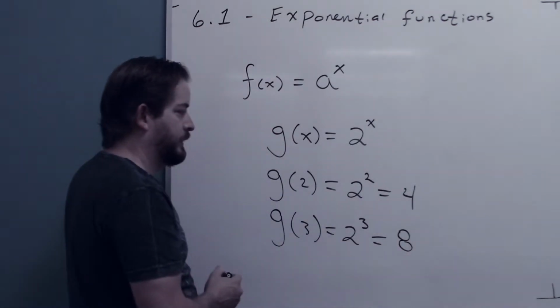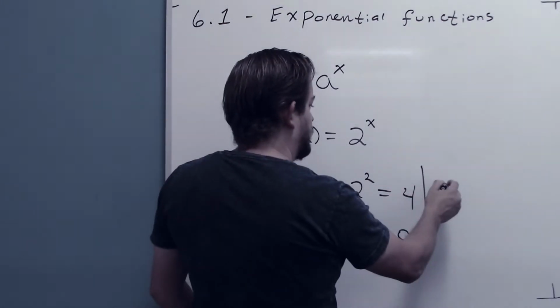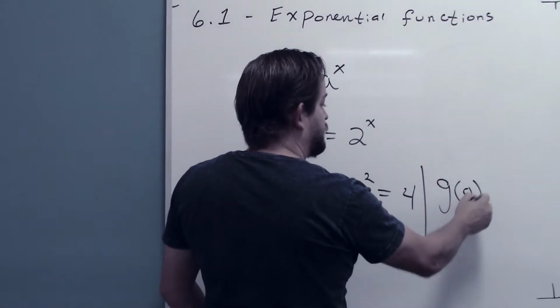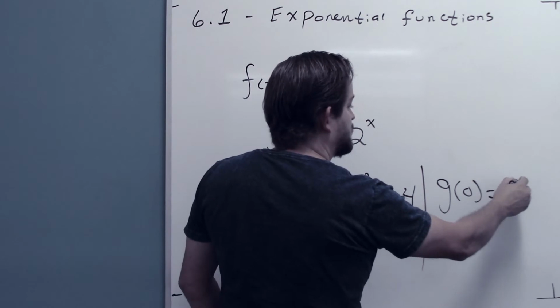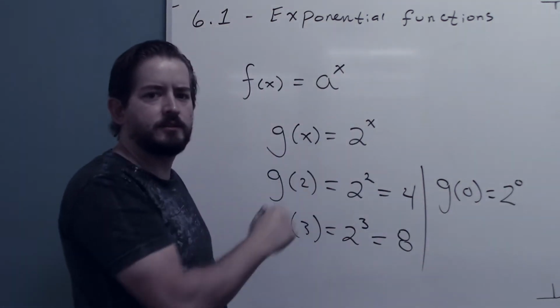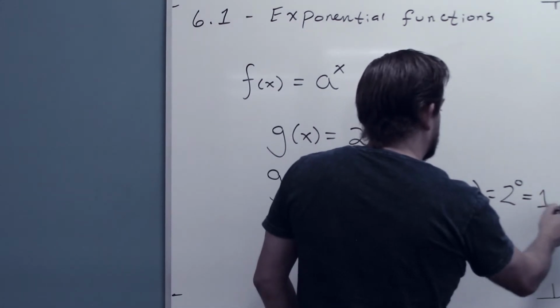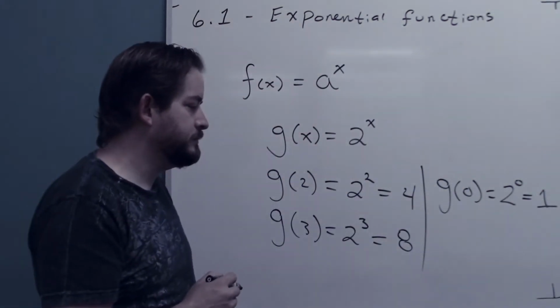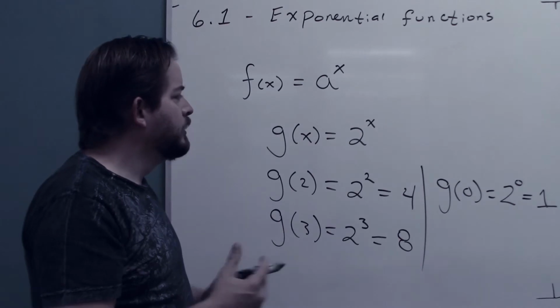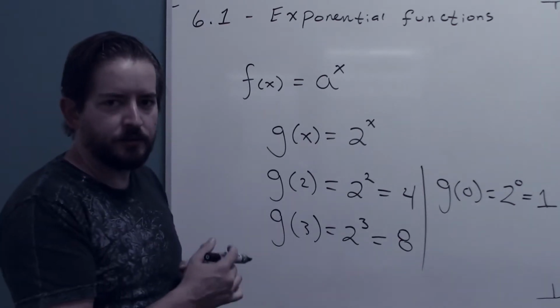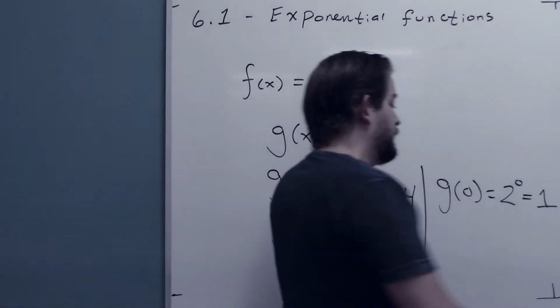Right? And so we can plug in whatever values. g of 0, if we like, is 2 now raised to the 0, and recall that 2 to the 0 is going to be 1. Okay. So that's the basic idea of what an exponential function is, right?